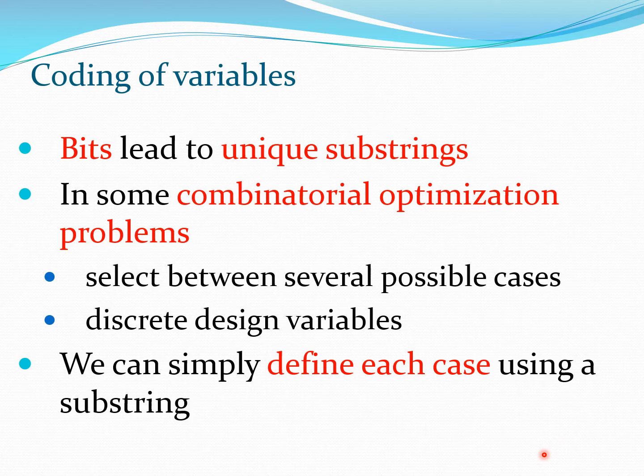Now, frequently you may do combinatorial optimization problems where you have to select between several possible cases, or you have discrete design variables. So in this case, we can define each of those cases or each of those design variables by a substring, and the substring can then be used to solve the problem. You do not need your final solution in terms of continuous variables.